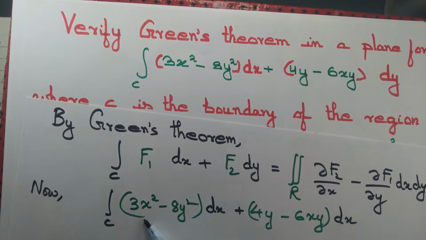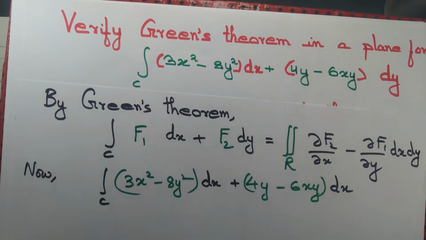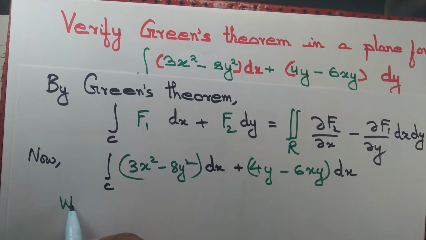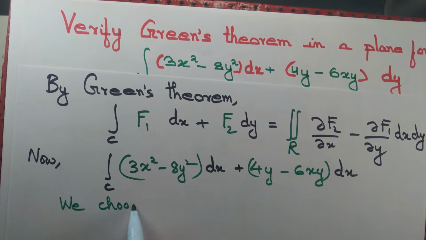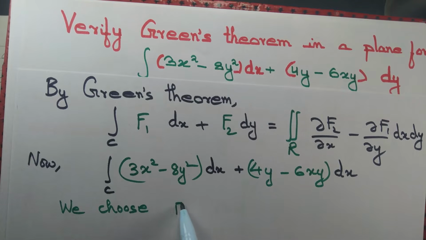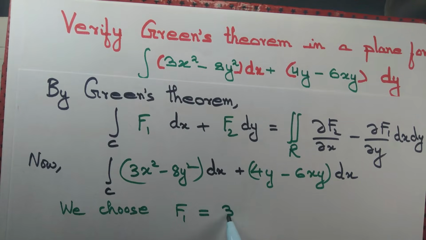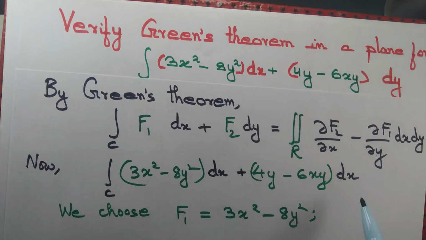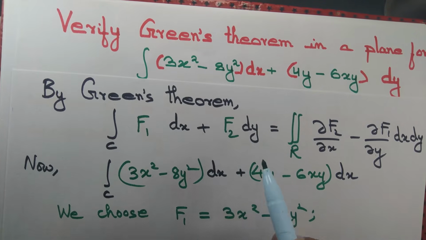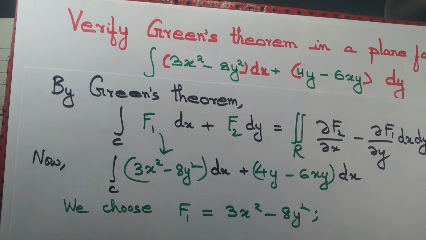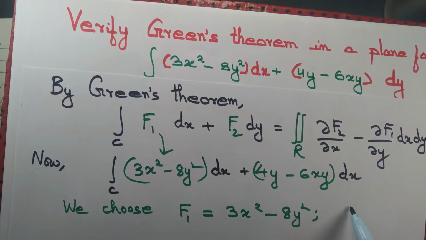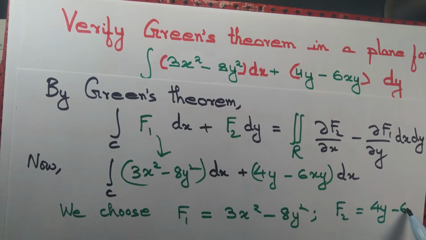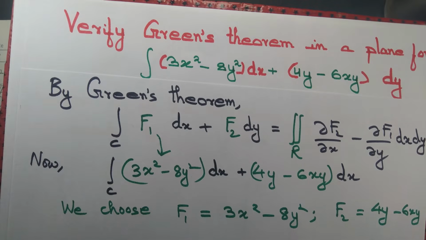If we compare these two, clearly we should choose F1 equal to 3x square minus 8y square, and then F2 equal to 4y minus 6xy.